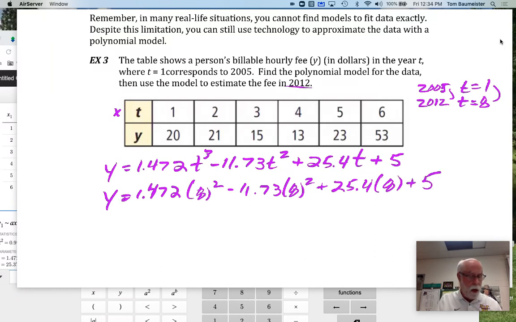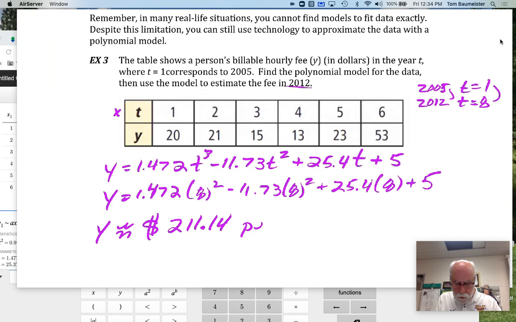And we're talking about money, so we better put it to the nearest cent. And if we do that, we'll find out that we have $211.14 per hour.